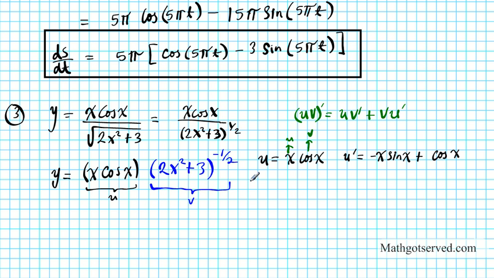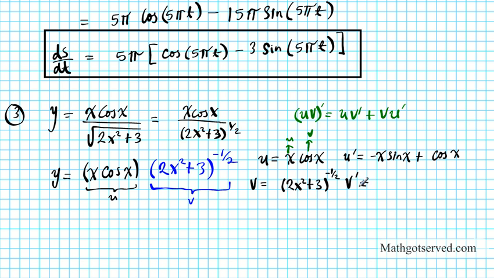Now v is the quantity 2x squared plus 3 raised to the negative 1/2. For v prime, we have to use the chain rule here because we have a polynomial function inside a reciprocal of a radical function.